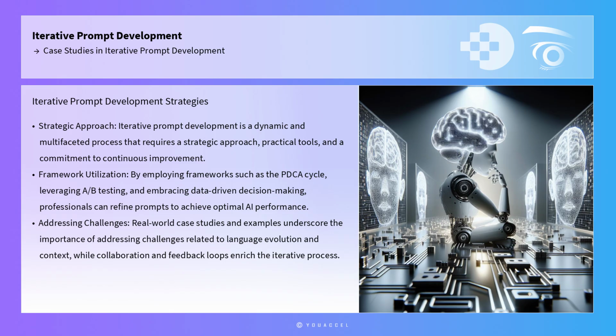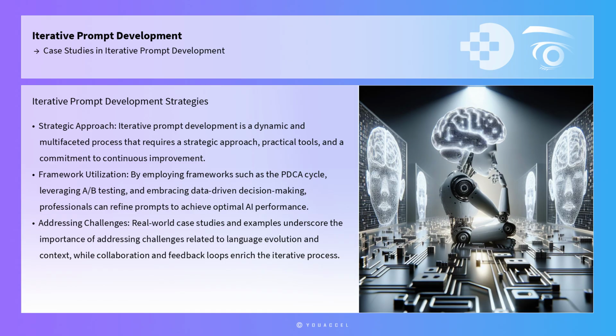In conclusion, iterative prompt development is a dynamic and multifaceted process that requires a strategic approach, practical tools, and a commitment to continuous improvement. By employing frameworks such as the PDCA cycle, leveraging A/B testing, and embracing data-driven decision-making, professionals can refine prompts to achieve optimal AI performance.